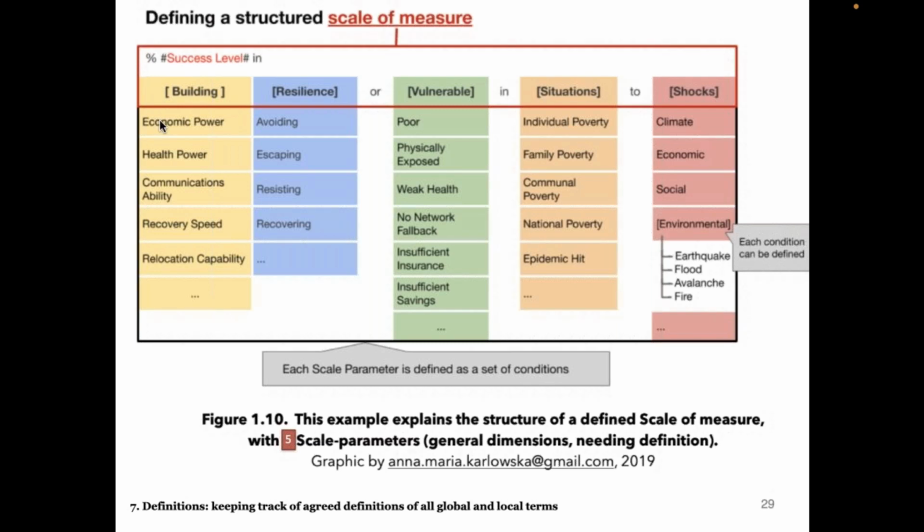We can pick out the combinations that are most critical, most interesting, deal with them early, prioritize them early. So it's an agile decomposition technique for finding agile slices that we deal with, maybe economic power and recovering and weak health, etc. We can pick out a very detailed configuration, but still that may be 50% of our entire problem.